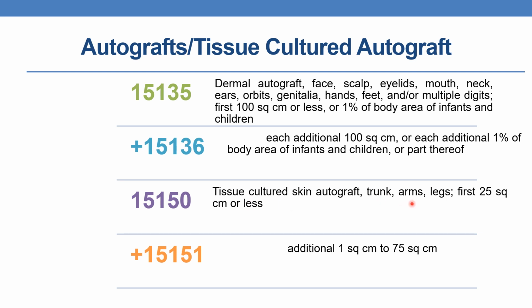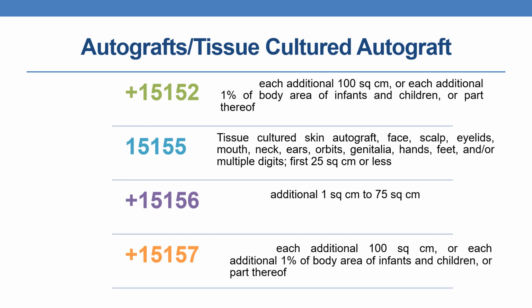The next is an add-on code, plus 15151, that must be used for each additional 1 square centimeter up to 75 square centimeters. That is, after 25 square centimeters, for each additional 1 square centimeter up to 75 square centimeters, you need to use the add-on code plus 15151.